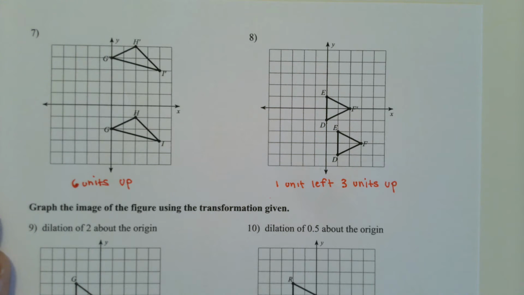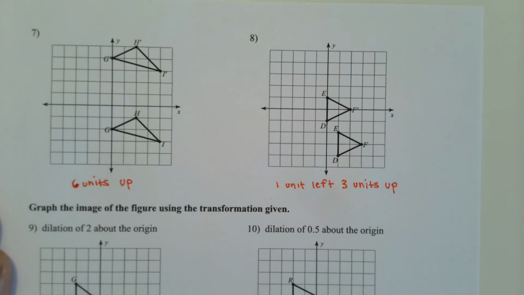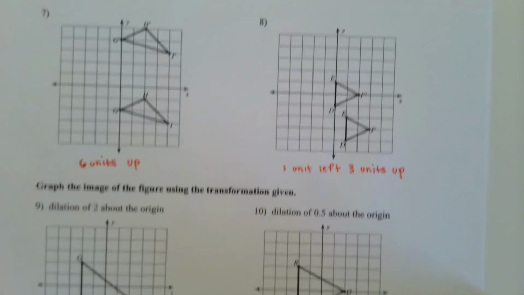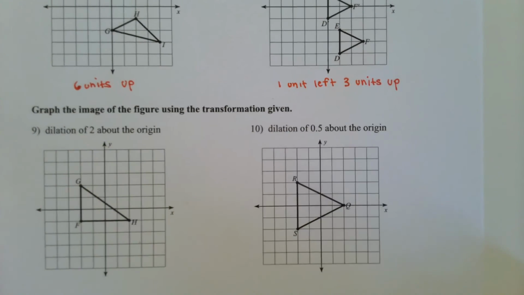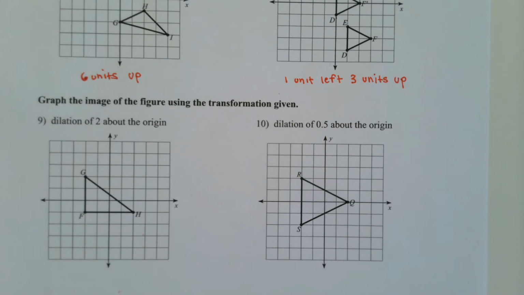All right. So now the big wait that you guys wanted, here it is: dilation, growth or shrink. Now, a dilation is a little harder to perform than a translation, because in a dilation, we're not sliding. We're either trying to expand or compress the figure based off of the dilation given. Now, I can tell you this: if the dilation is greater than 1, our dilation is going to grow our figure.